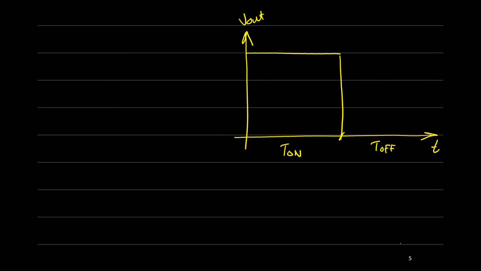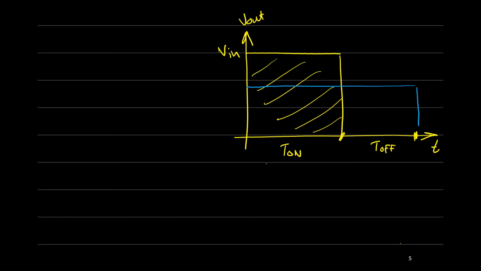The average can simply be calculated by taking this square and distributing this value over the whole period of time, T on plus T off. So the blue area here represents the average voltage.